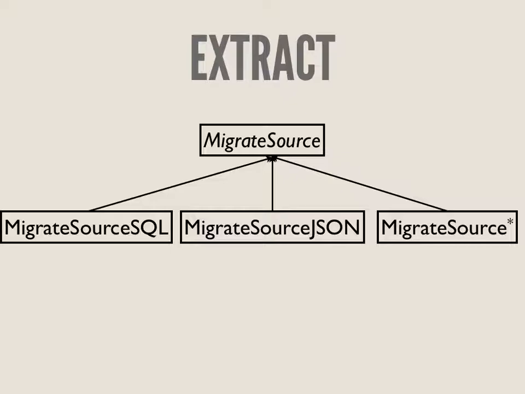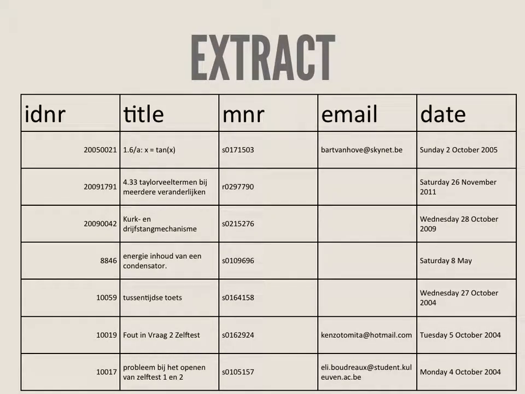I dumped all the data in a comma-separated value file, and I used the MigrateSourceCSV. So to give you an idea what the data looks like, it's not that nice, but well, I have to work with it. So we have a column with the ID of the question, the title of the question, the user ID of the student who asked the question and his email, and the date when the question was asked.